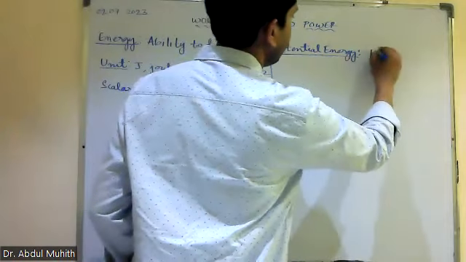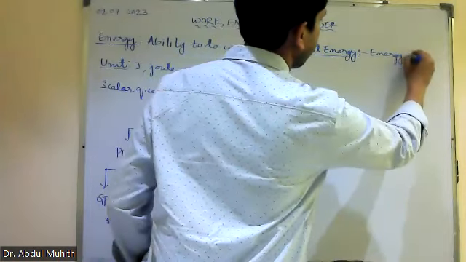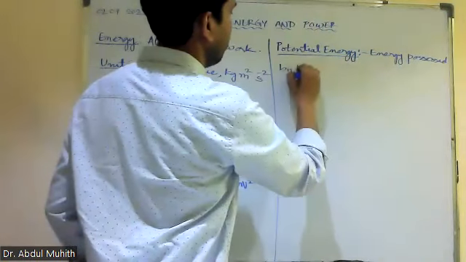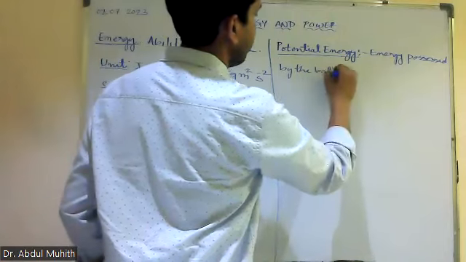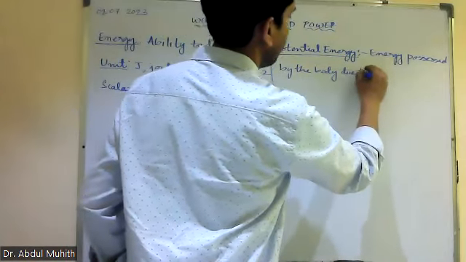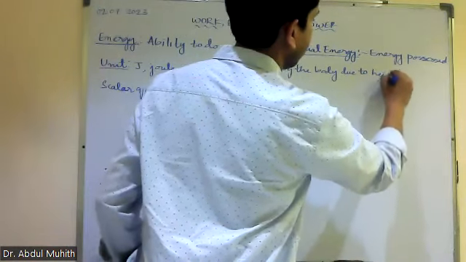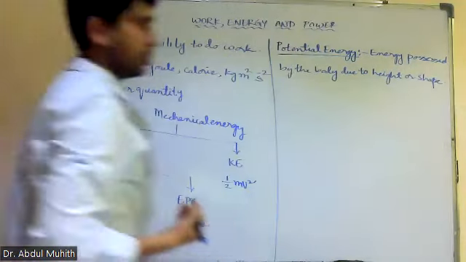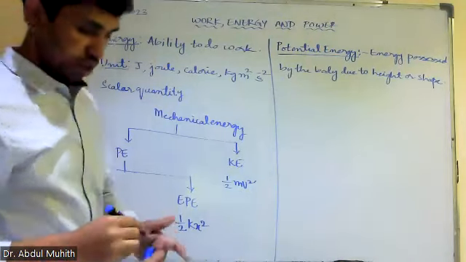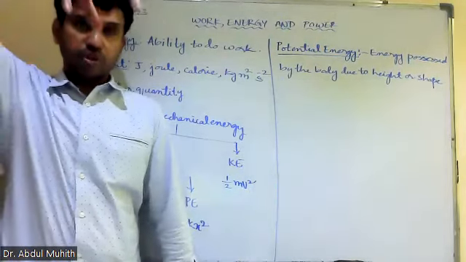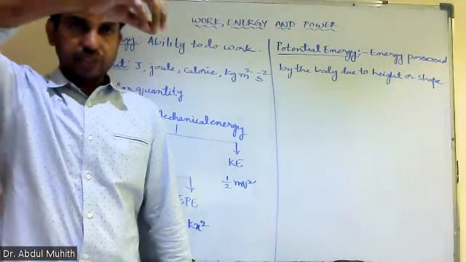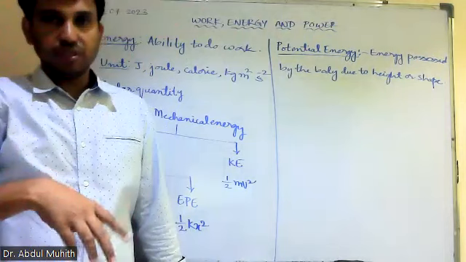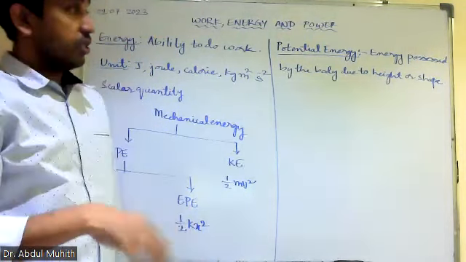Energy possessed by the body due to height or shape is said to be potential energy. Now suppose I'm holding a stone above the ground. If I release it, it can do some work. That is due to the position.